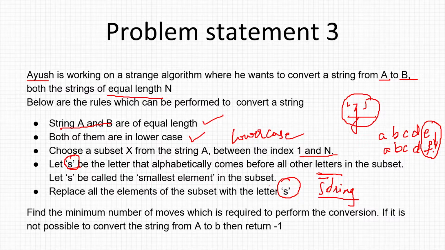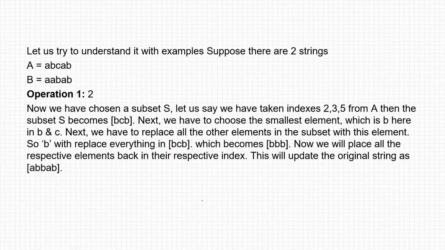If it is not possible to convert string A to B, return -1. Otherwise, the minimum number of moves required to convert the string has to be returned. Now let's try to understand this with an example.